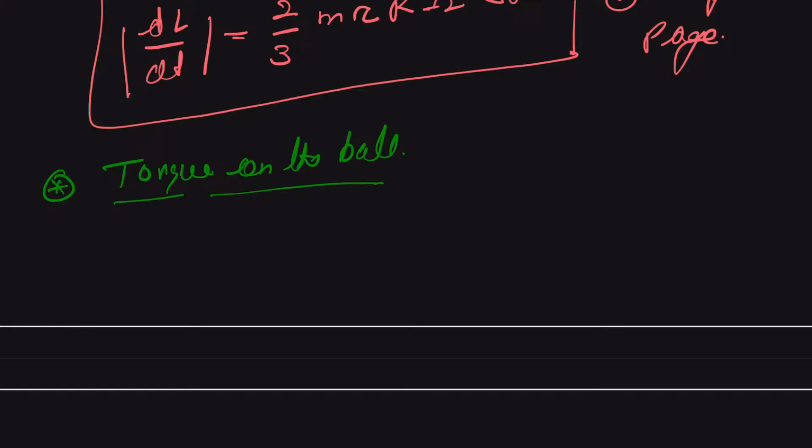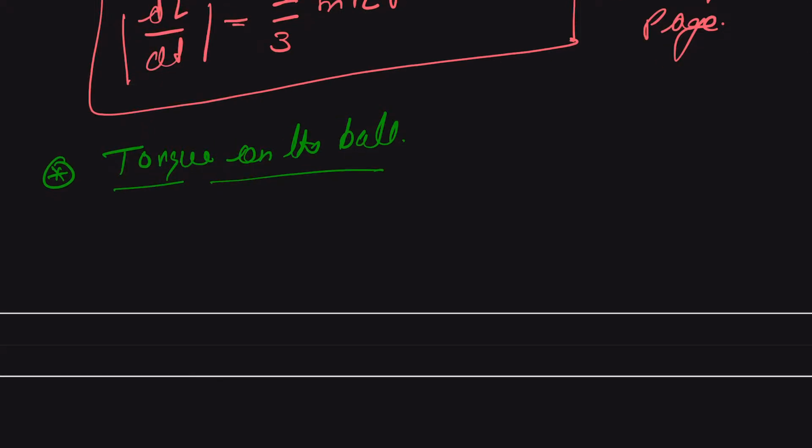One will be because of the gravity, and second one will be from the horizontal centripetal force. So these are two contributors of the torque. Or in simpler terms, we can also say that the torque comes only due to force at the contact point.